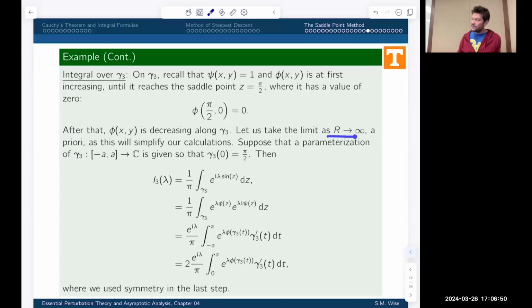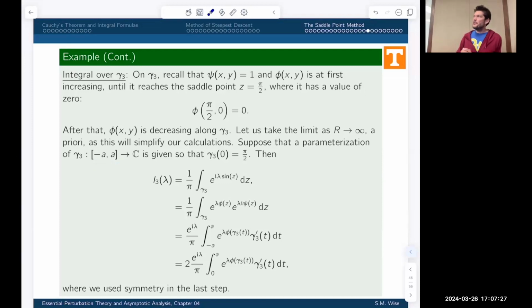And we're going to take the limit as r goes to infinity ultimately, so let's take it now, might as well. Suppose that a parameterization of gamma 3, now gamma 3 is an infinite in extent contour because there's no bridge contour anymore. It goes all the way up through the saddle point and all the way down, and it has vertical asymptotes at x equals 0 and x equals pi. But suppose that I have some parameterization for gamma 3.